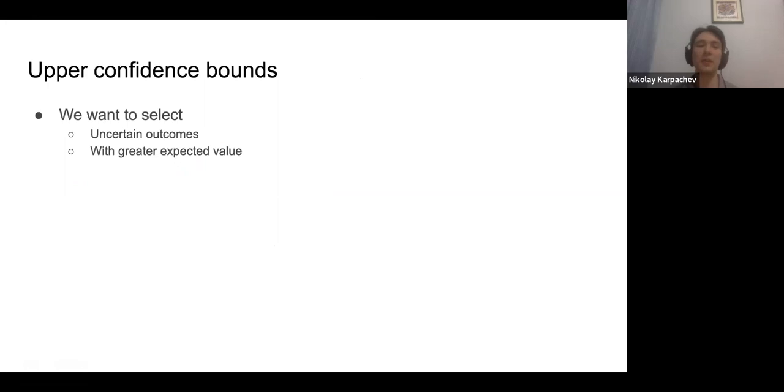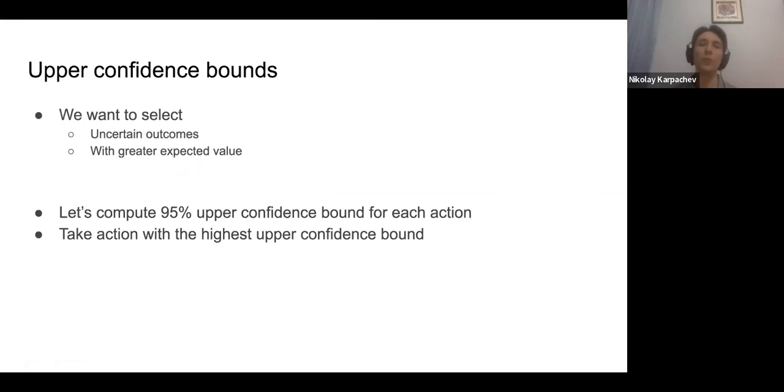So here is another rule, another goal that we want to use. We want to select not only uncertain things, but also those with greater expected value. So we want to mix them together. How do we do this?